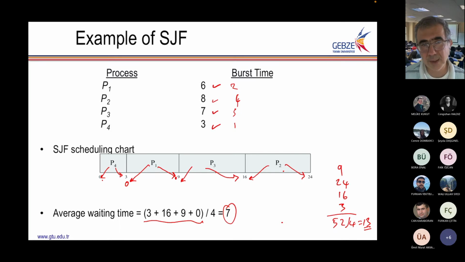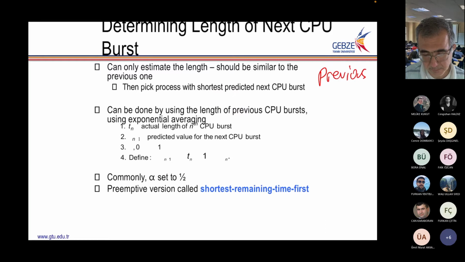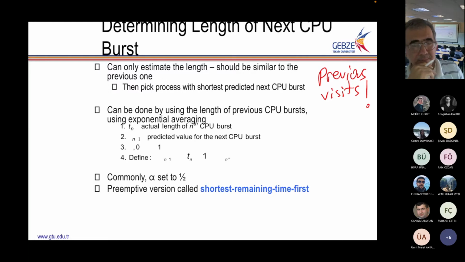How am I going to estimate? We can only estimate based on the previous visits. A barber shop is a very good example. If you are going to consume a lot of the barber's time, that is usually always the case.